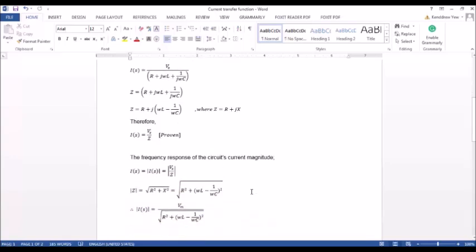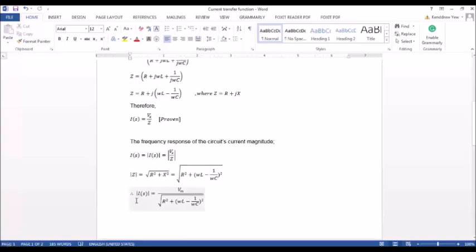Next, in order to find the frequency response of the circuit's current magnitude, the modulus of Is is equal to the modulus of Vs over Z, where the modulus of Z is equal to the square root of R squared plus X squared, equal to the square root of R squared plus (omega L minus 1 over omega C) squared.